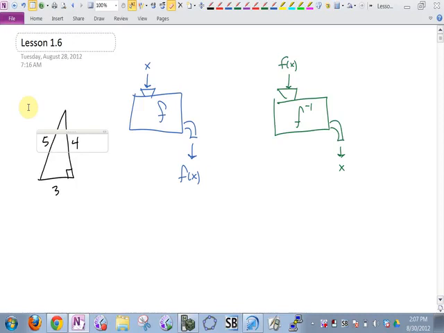What do you input into sine, cosine, and tangent? Angles. Angles go into trig functions as input. What do they output? Ratios of sides, right? For example, if I input an angle into sine, it'll output an opposite over hypotenuse ratio.